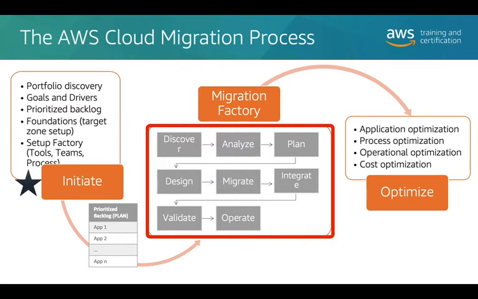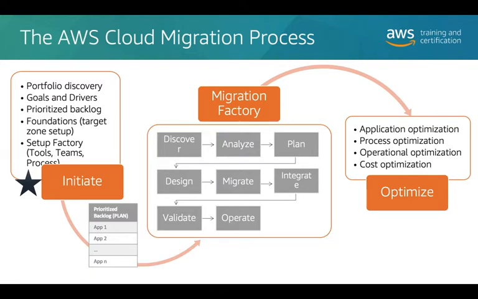So typically what customers have is a prioritized backlog, and that prioritized backlog is then fed into the migration factory in a structured way, using maybe some sort of sprint approach. The migration factory then churns around and is responsible for the migration of each of the individual groups of workloads or applications, as we might call them.